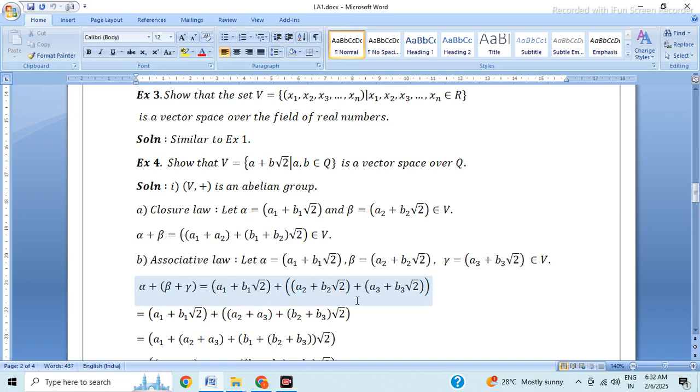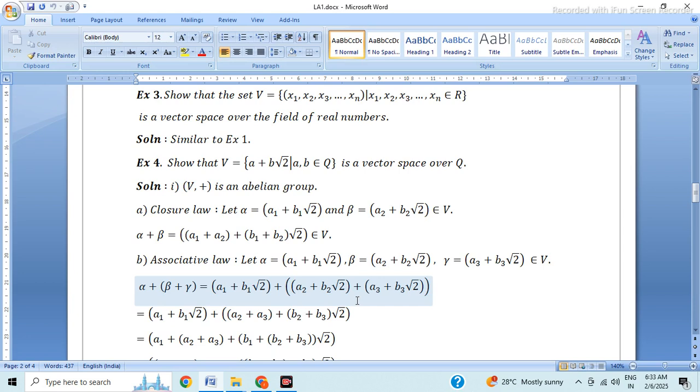Now we should add alpha plus beta plus gamma. First, we add beta plus gamma. What do we get? A2 plus A3, then B2 plus B3 root 2. With that element, we add A1 plus B1 root 2. Then A1 plus A2 plus A3, plus B1 plus B2 plus B3 root 2.